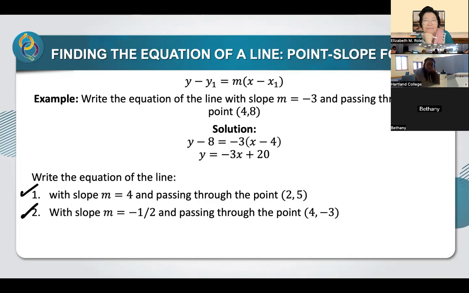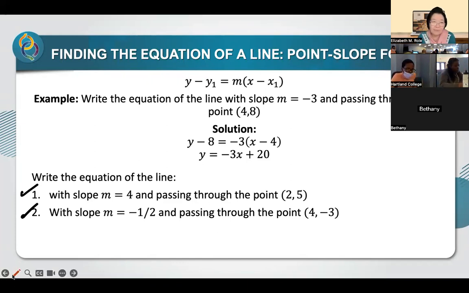Look at it again. Bethany, what's your answer? Oh, it's minus 8 plus 5. Okay, yes. Minus 3. Okay. Manish, what's your answer? Yeah, 4x minus 3. Okay, so, all right.